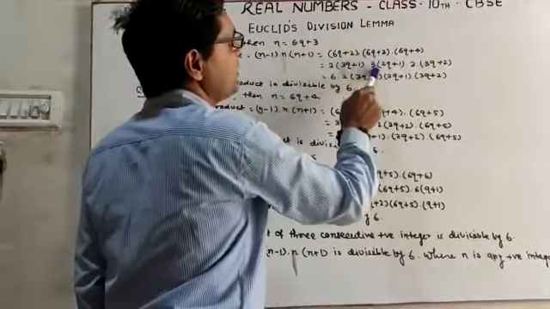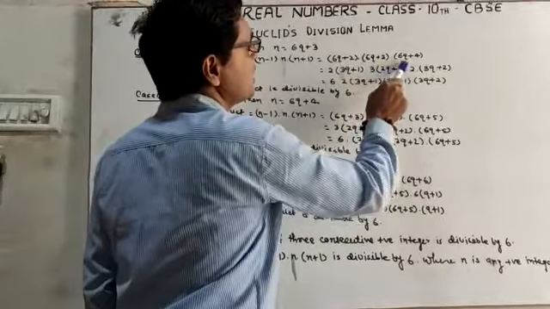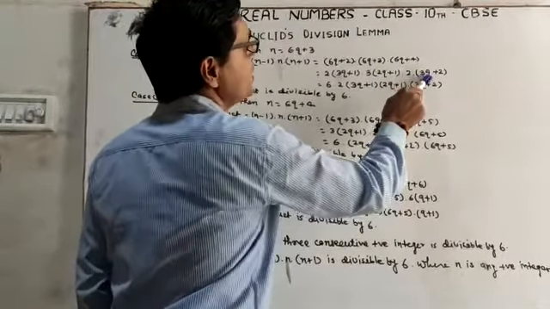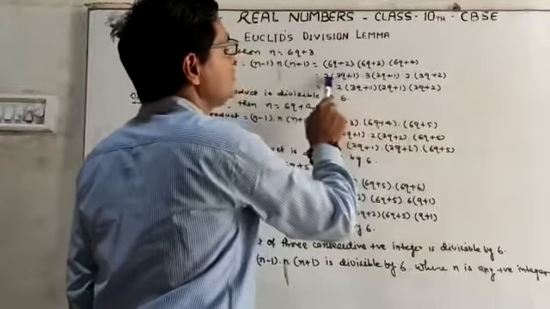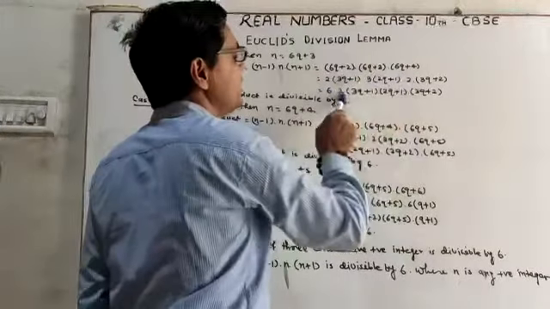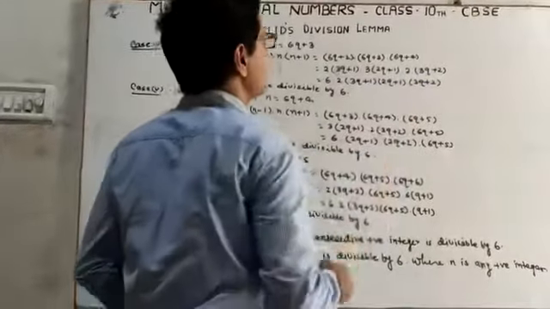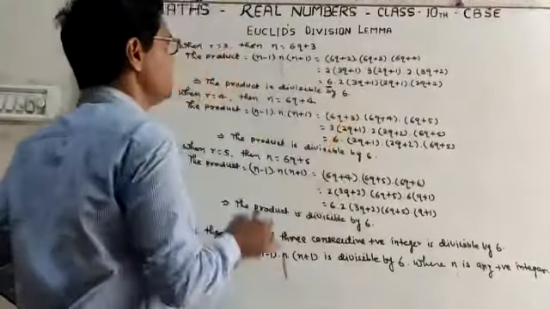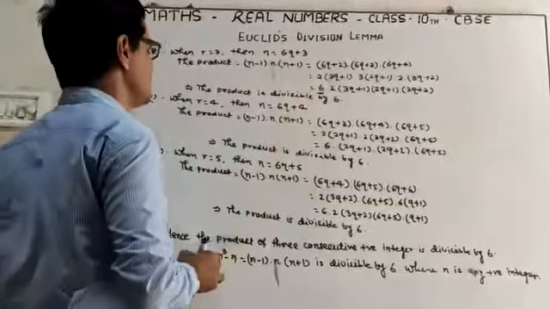Here 3 can be taken as common factor in 6q plus 3, then this will be 3 into 2q plus 1. Here 2 will be taken as common factor in 6q plus 4, then this will be 2 into 3q plus 2. 2 and 3 multiplied, the product will be 6, and 3q plus 1 and 2q plus 1 and 3q plus 2. Hence 6 is a factor of the product, so the product is divisible by 6.